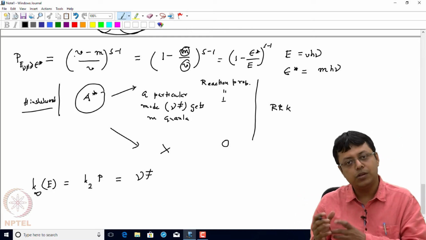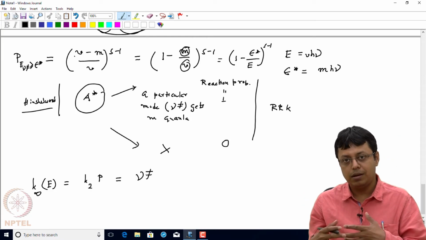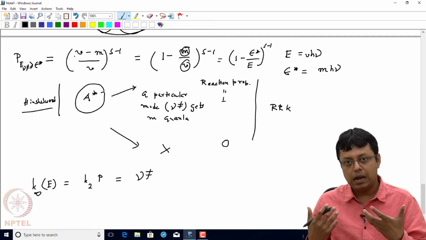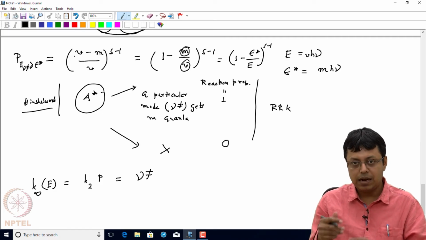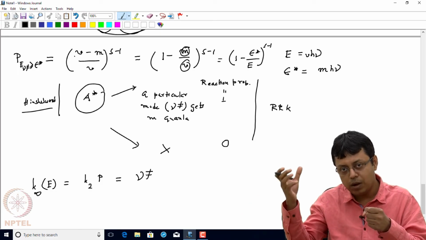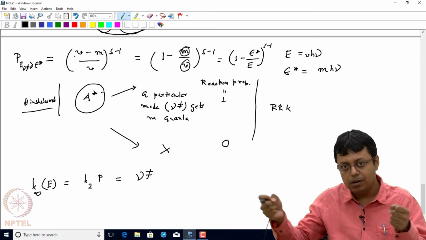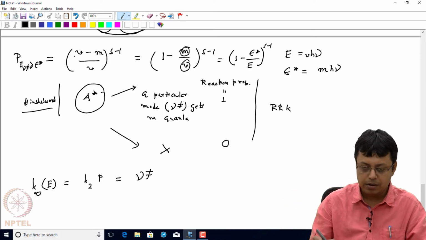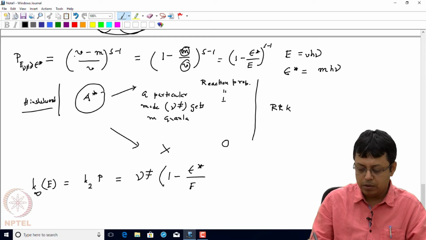This is something we also did, if you remember, for the Eyring equation, where we said that I have a transition state, forming reactant, and there is one particular vibrational mode that is giving me the reaction, and then we just have to multiply it by the probability, and the probability, the way we got it, is something like this.